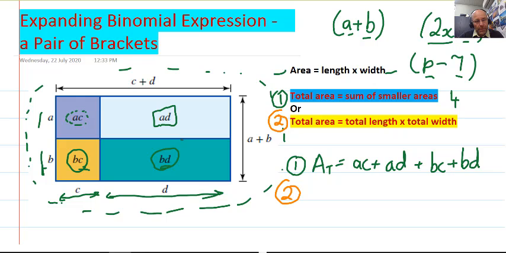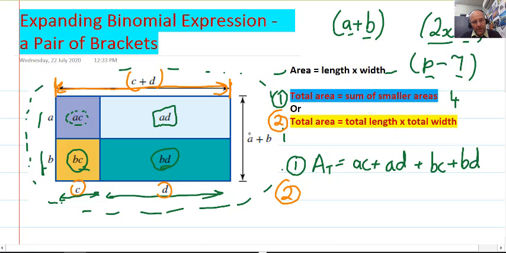The other method of getting the big area of the total shape is to go the total length times the total width. So the total length, you can see there's from there to there. And if it's C that far and D that far, the total length of that big shape right along there is the C and the D together.